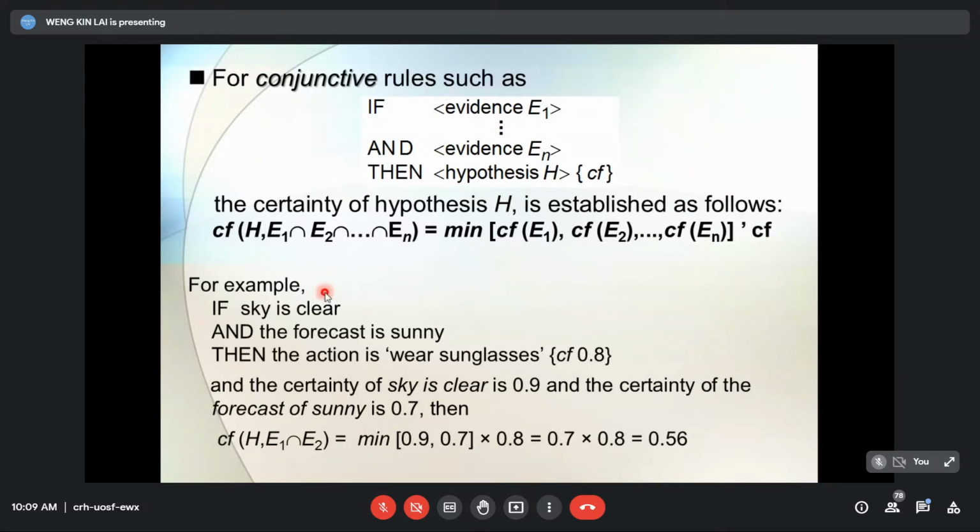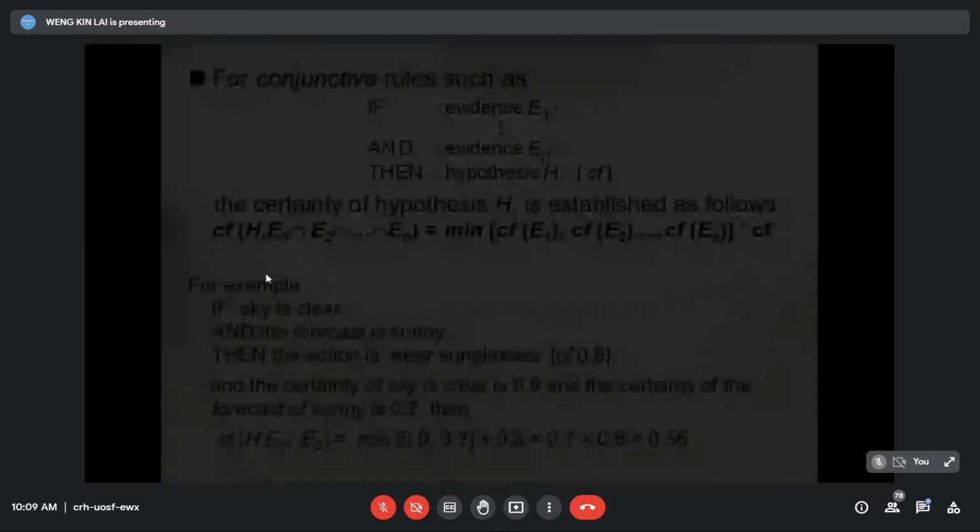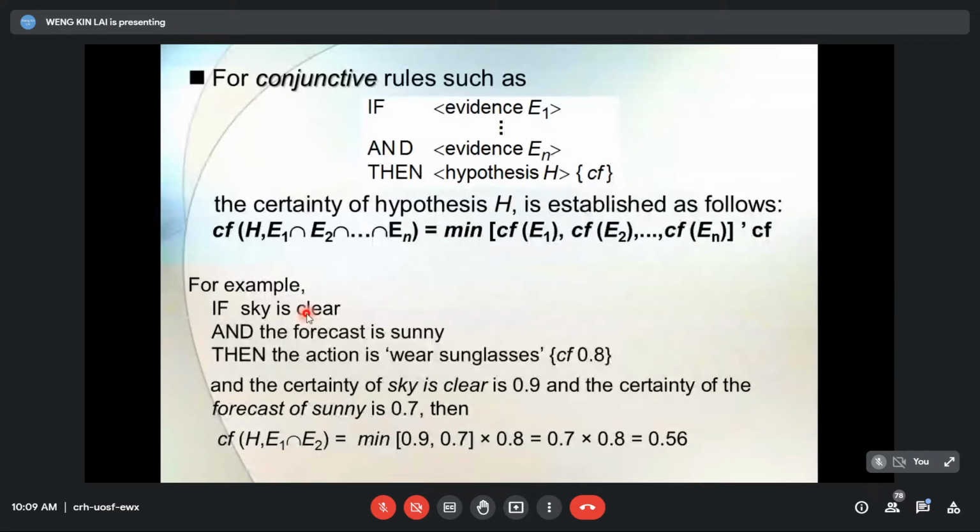For example, this is an extension of the earlier example. The earlier example talks about only the sky is clear, only one evidence, not many. Here we have more than one evidence, and they are all interrelated by AND.